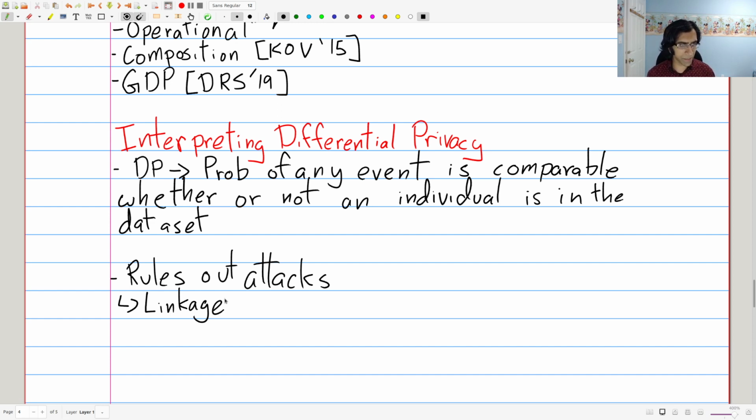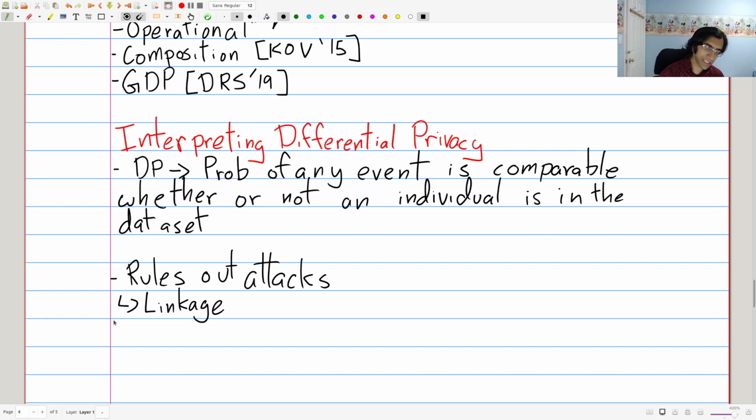Depending on how you think about it, the chance of them identifying you if you're not in the data set should be rather minimal. I can imagine some cases where they could get you by accident, but essentially this type of linkage attack is ruled out. And it's the case even for past data, whatever data might exist, but also for future data releases as well. This is an important part: differentially private data releases are in some sense future-proof.